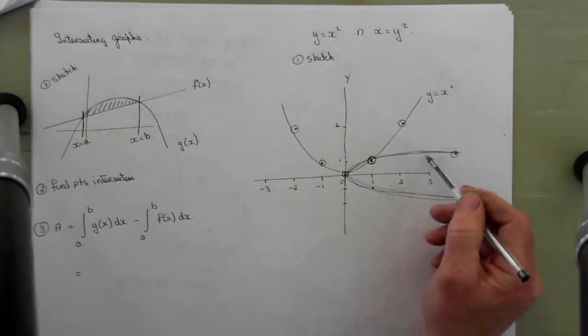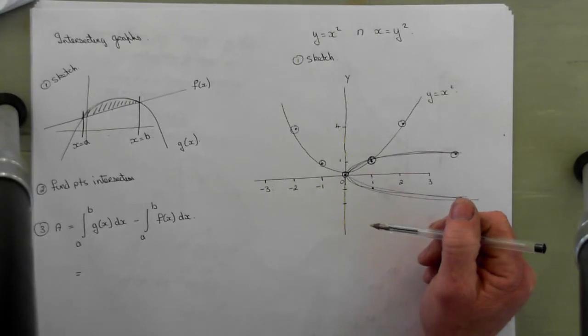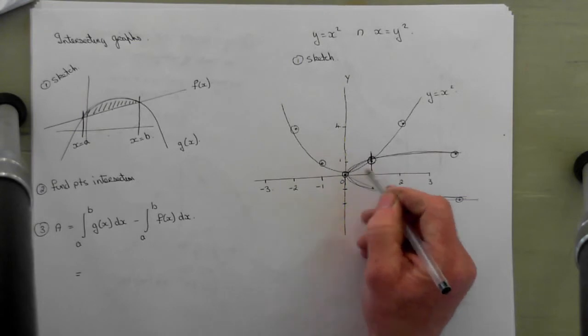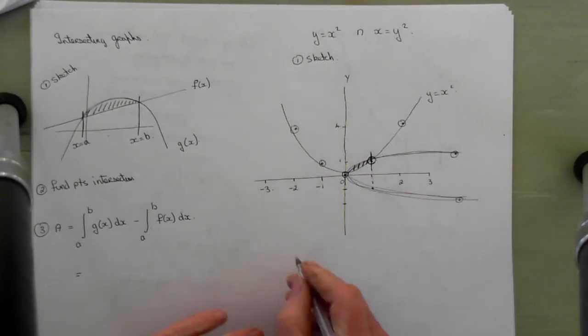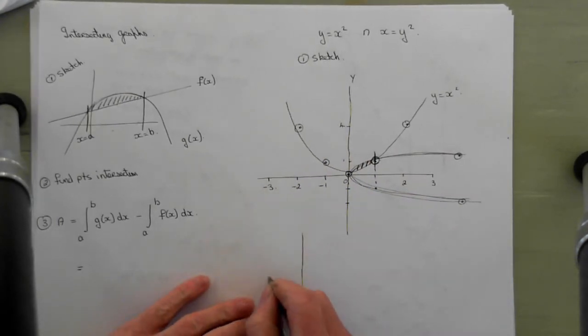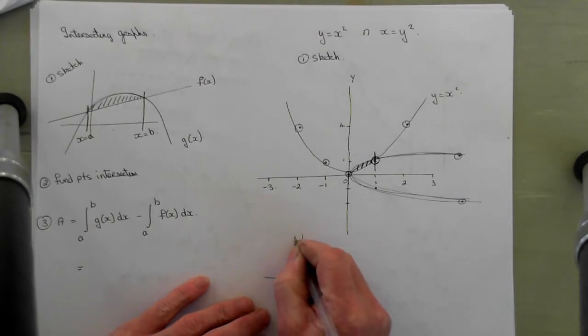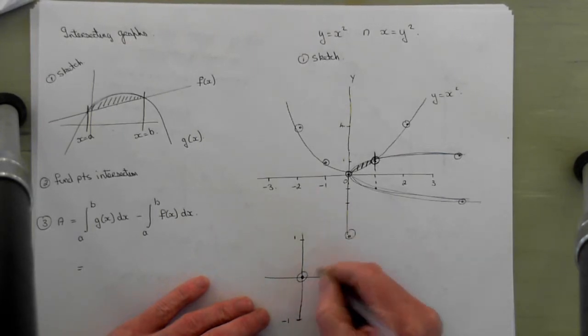Now, why isn't it identical looking to the other one? It's because I have a different scale on each axis. But the bounded area I'm looking for is in there. That's the area where they intersect. If I magnify the diagram in that area, x is 0, x is 1.